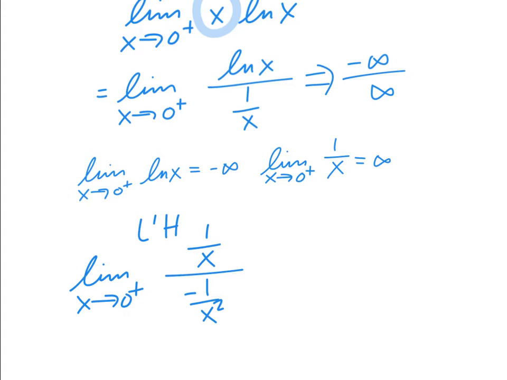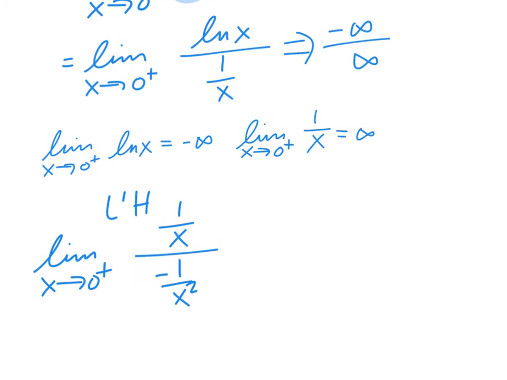So try to memorize that. The derivative of 1 over x is negative 1 over x squared. Just think it's negative and then add another degree in the denominator. It will make your derivative faster. So this becomes the limit as x goes to 0 plus of 1 over x times negative x squared.